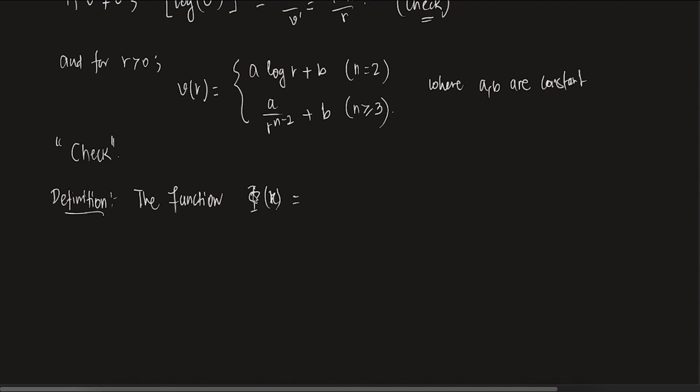Whenever I write capital phi of x like this, it is always the fundamental solution, in this kind of context, not in every context. I write it like this: minus 1 by 2 pi log of mod x for n equals 2, and it is 1 by n minus 2 alpha n, 1 by mod x to the power n minus 2 for n greater than or equal to 3.